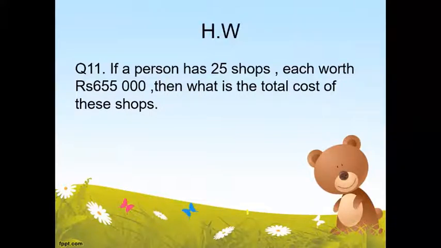If a person has 25 shops, each worth rupees 655,000, then what is the total cost of these shops? So it means that we know about the cost of one shop. Each worth rupees 655,000 means this is the cost of one shop and total shops are 25.